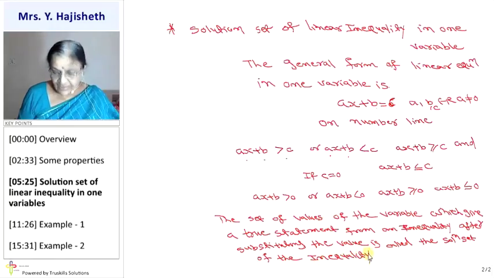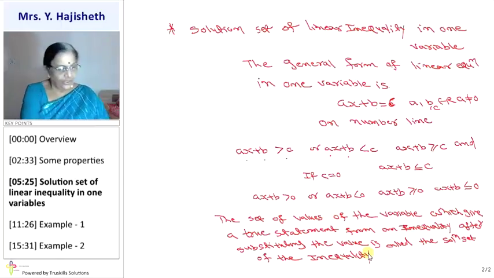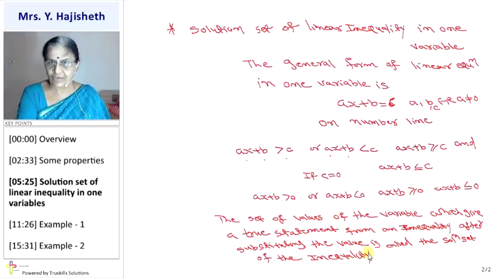And that solution set is always a subset of R, where R means the set of real numbers. You know, there is a one-to-one correspondence between every value of x which makes this inequality statement true and a unique point on a number line. Clear? Now let us start solving some linear inequations in one variable, okay?